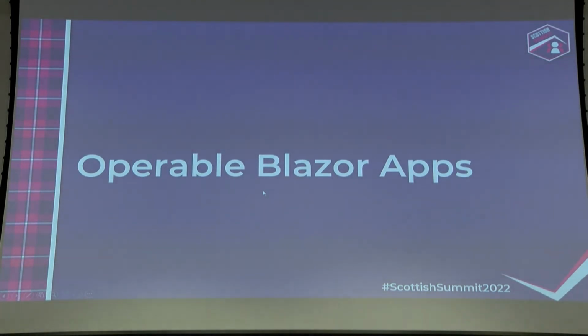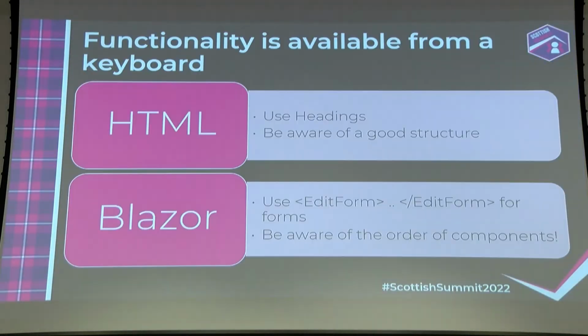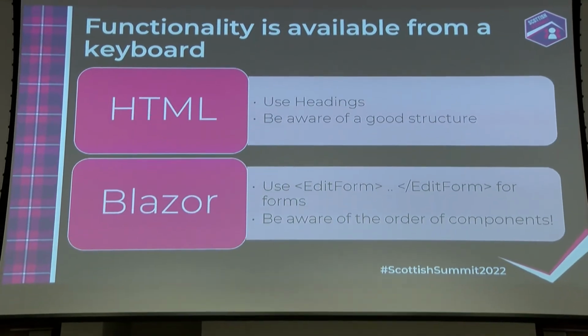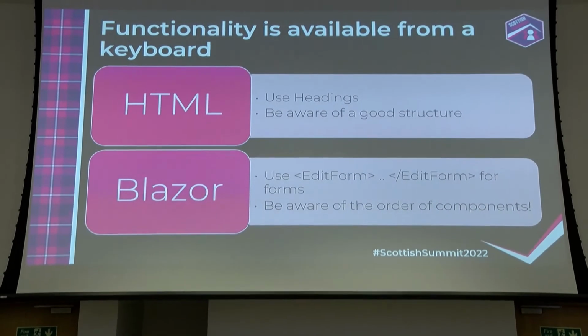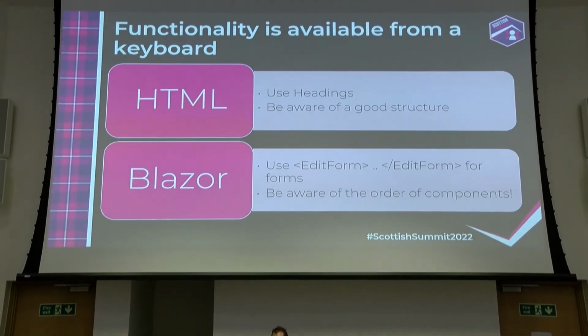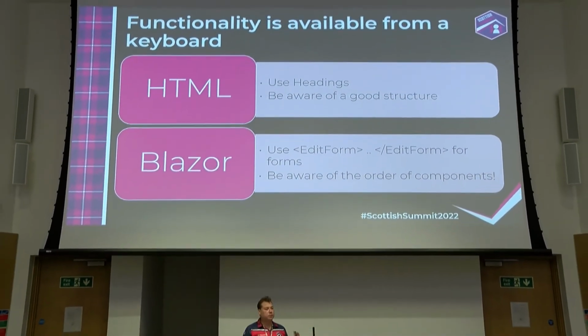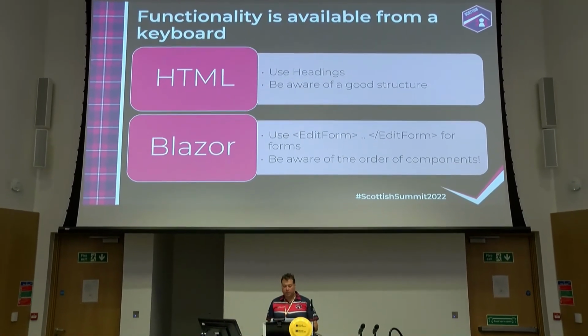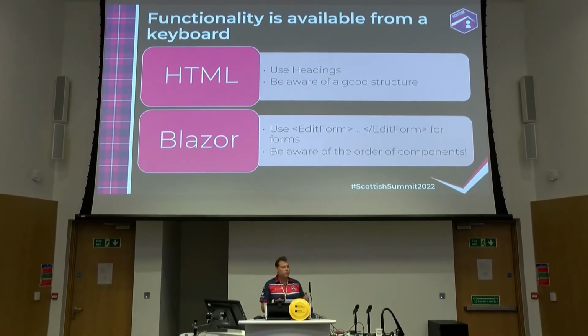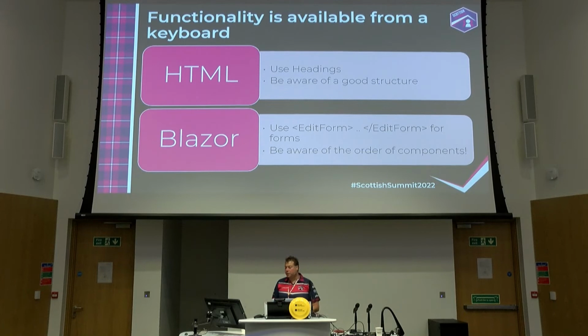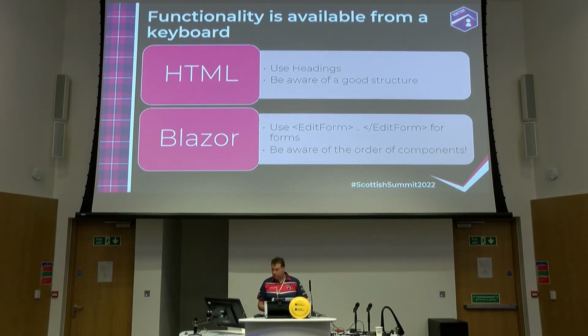So let's say our apps are at this time perceivable. They also need to be operable, as I said. How do I do this? Functionality is available from a keyboard. I already saw that we tested it with Accessibility Insights. But to develop it, it's very important that you have a good structure, so that you structure your document, your HTML pages, with the use of headings.